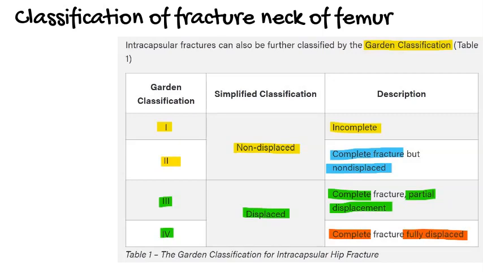Type 2 is a complete fracture but non-displaced. Type 3 and Type 4 are displaced fractures, but Type 3 is a complete fracture with partial displacement. Type 4 is a complete fracture, fully displaced. Okay, good everyone?